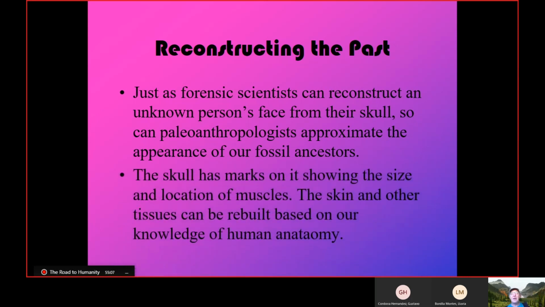Basically, bones end up with marks on them showing where muscles were attached. So we can figure out the size and location of the muscles by looking at the marks on the skull. Then we can add skin and other tissues based on what we already know about human anatomy.